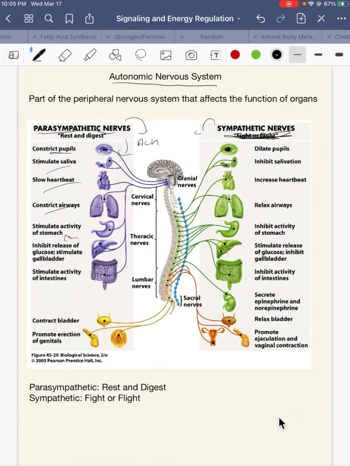Sympathetic releases norepinephrine and epinephrine. Those are released from the adrenal medulla, and then they mediate the sympathetic activity. So this happens if someone's attacking you, you're in danger. Sympathetic fight or flight: you dilate pupils, inhibit salivation, increase heartbeat, relax airways, inhibit stomach activity, and basically the opposite of what parasympathetic is. This is important in our signaling, which is why I mentioned it.